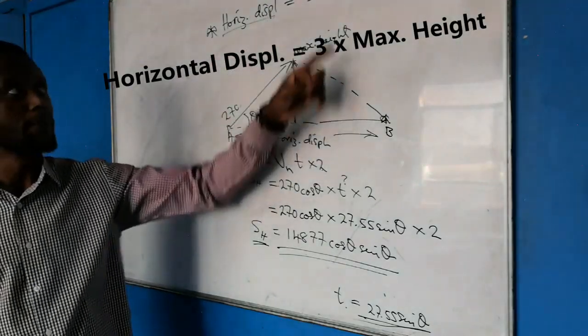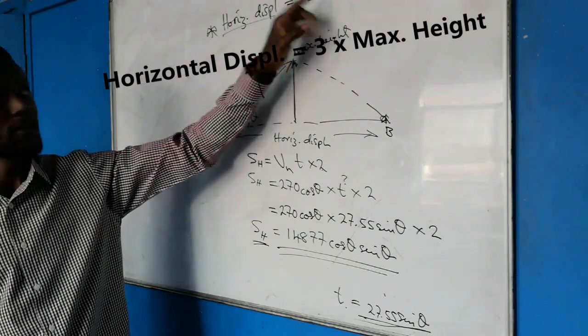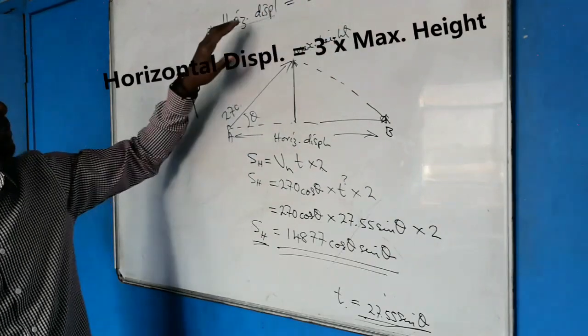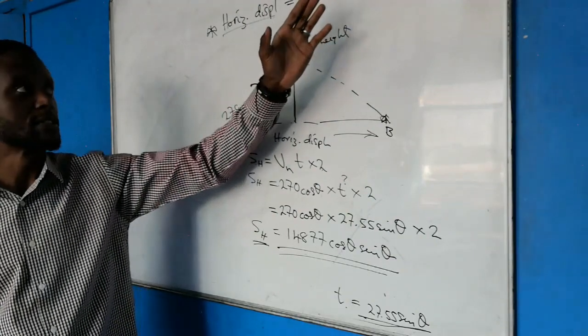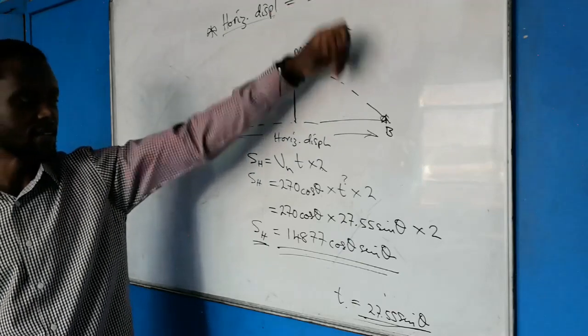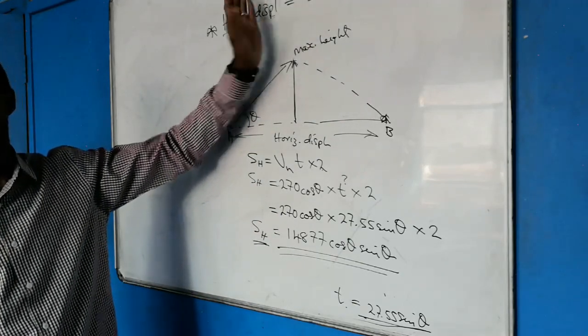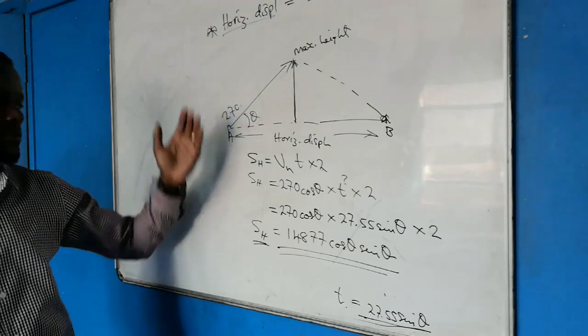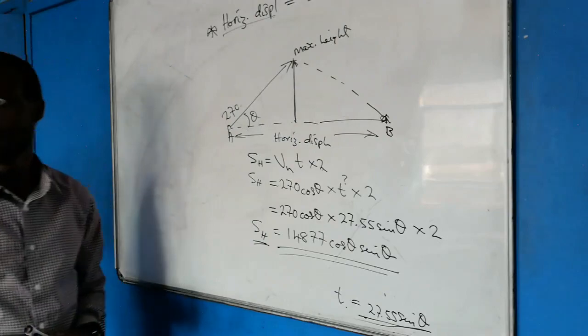If they say it is double, we would have used 2. If they say it's 4 times, we would have used 4. So that relationship between the horizontal displacement and the vertical displacement is very important. You read the question carefully and that's what you relate. If you change that number, then everything is changed. The angle changes.